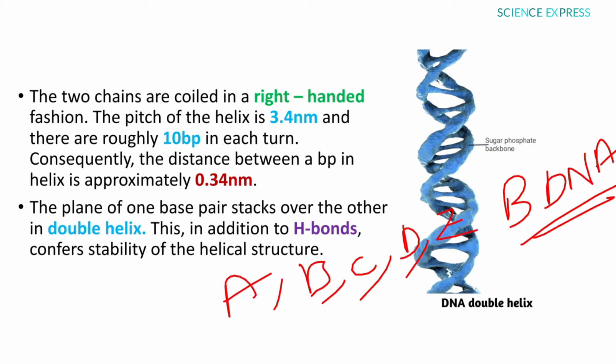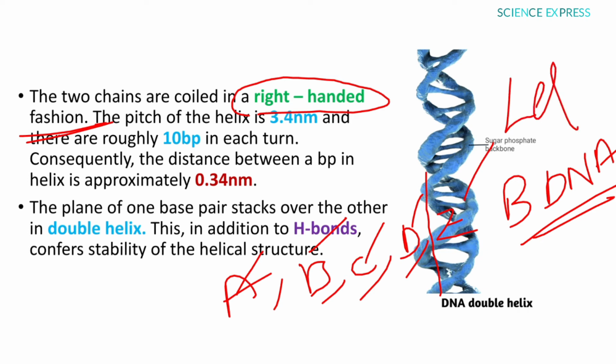Here we discuss only B-DNA. The two chains are coiled in a right-handed fashion. Clear? So the helix is right-handed in the case of B-DNA, A-DNA, C-DNA and D-DNA, but in the case of Z-DNA the helix is left-handed.